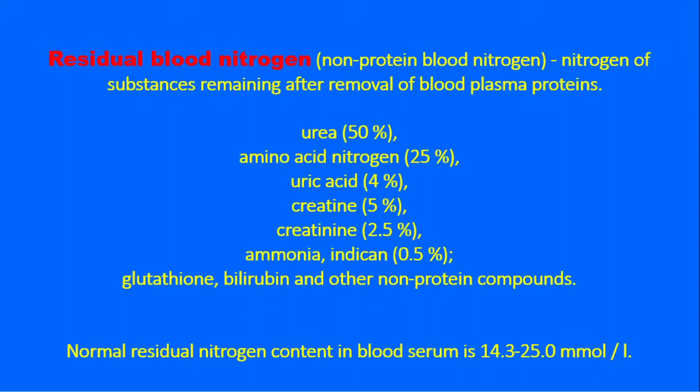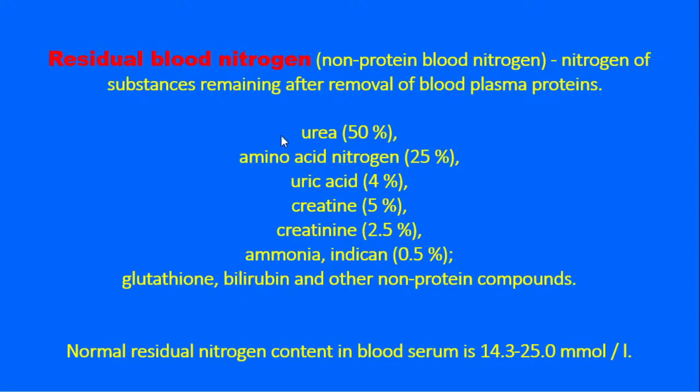Residual nitrogen. Write please that this is all nitrogen of non-protein blood compounds, nitrogen of substances remaining after removal of blood plasma proteins, because of course the greatest quantity of nitrogen is contained by our blood serum proteins, albumin, globulins, immunoglobulins.